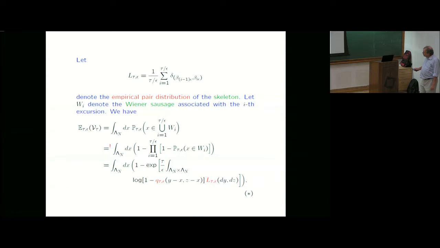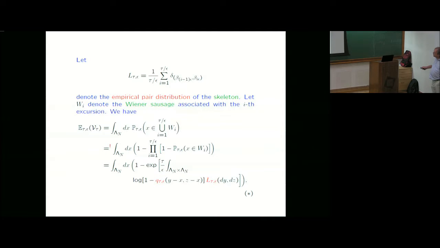And then when you have the product, you write it again as 1 minus the probability that you are in this set. Okay, so this is an important fact. Here we have used that conditional on the skeleton, the Wiener sausages are independent. They're not identically distributed, but they're independent.